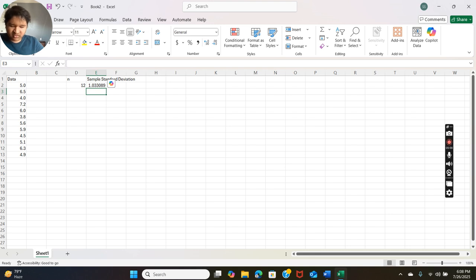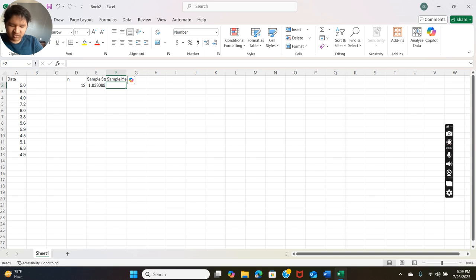The next thing that we need to calculate is the sample mean, which we will do in column F. So I write sample mean in cell F1. Enter.